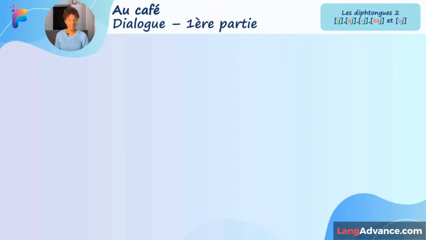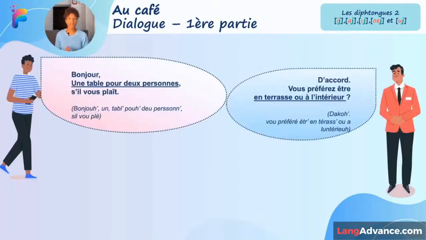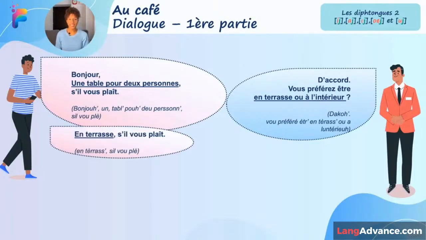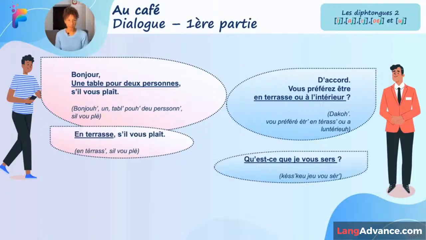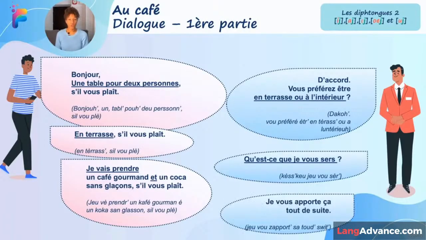Let's get started. Bonjour, une table pour 2 personnes s'il vous plaît. D'accord, vous préférez être en terrasse ou à l'intérieur? En terrasse, s'il vous plaît. Qu'est-ce que je vous sers? Je vais prendre un café gourmand et un coca sans glaçons, s'il vous plaît. Je vous apporte ça tout de suite.